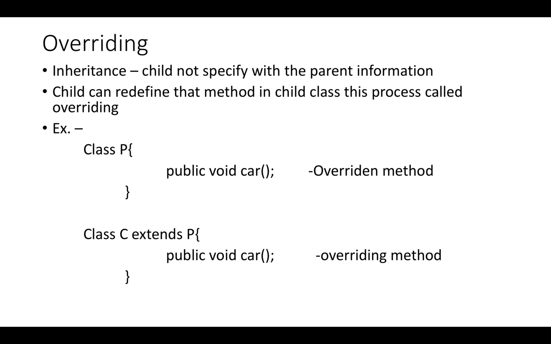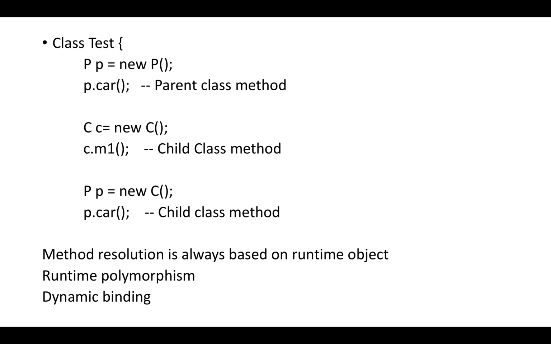This method is called the overriding method, and the parent method we can call the overridden method. Whenever we create a parent reference and parent object and we call the car method, it simply calls the method in the parent class. And whenever we create a child reference and child object and call the method m1, then it calls the child class method. But this is the main important thing.